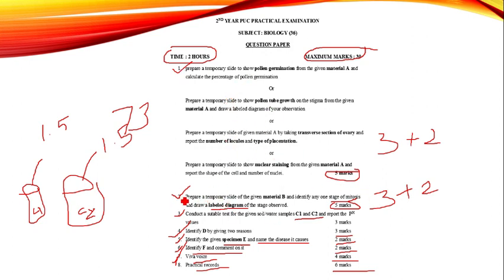The second question is 5 marks, and all members will get the same, that is the mitosis experiment. The third question is the pH experiment, where you should identify the pH of C1 and C2, 3 marks. For the fourth question you have to identify the D, which is 3 marks. It may be TS of ovary, TS of testis, or VS of ovary showing female gametophyte, like that.